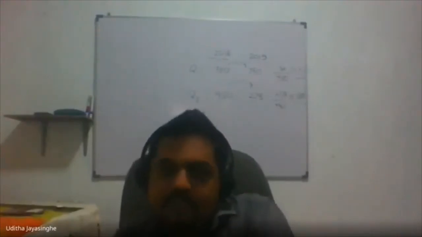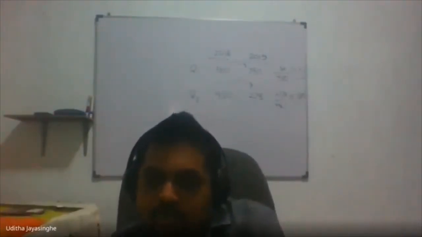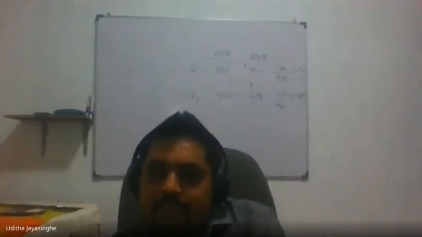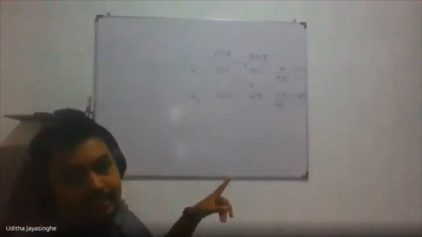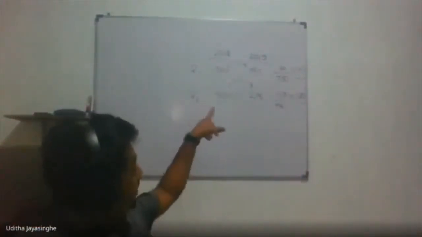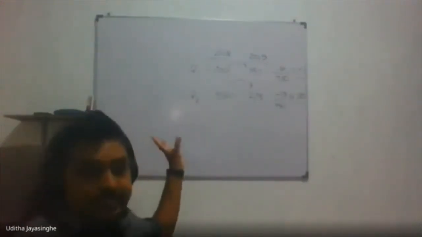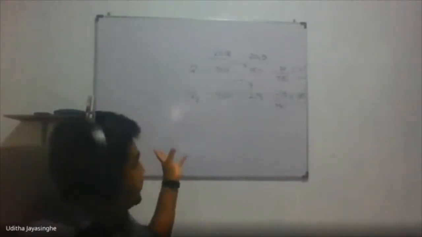I have one question here. Can you explain again the 2019 September second question, how the growths are calculated? Yeah, I think I still have it on the board. The growth is nothing but one number that has grown from the previous number.